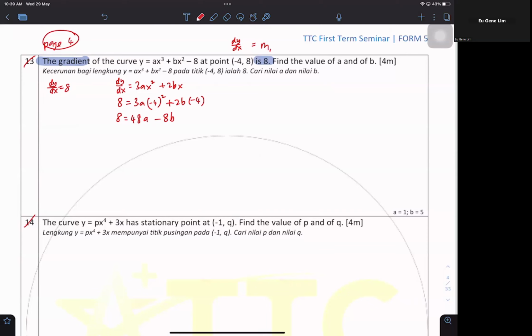There's one more thing you can do. You can simplify the whole equation by 8 first. 8 divided by 8 is 1. 48 divided by 8 is 6. 8 divided by 8 is 1. So that's our equation: 1 equals 6a minus b.